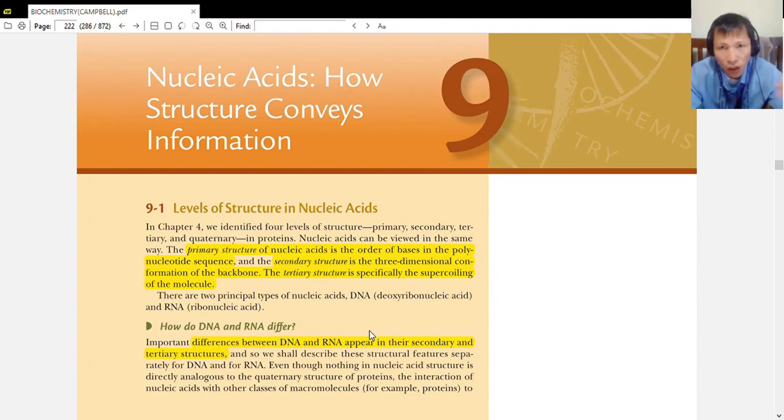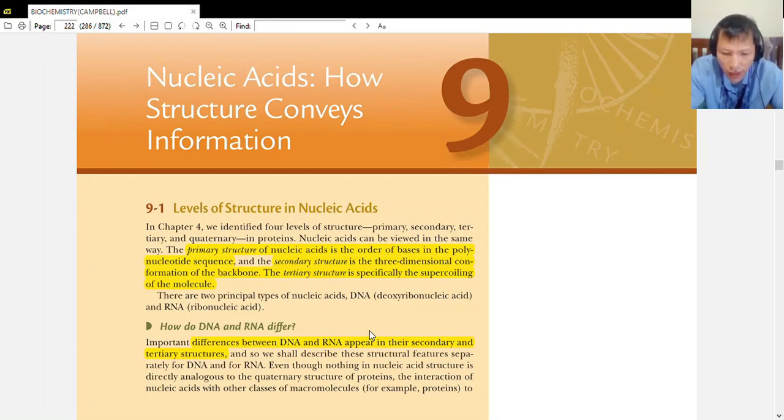If that unit is being repeated, the secondary structure is the three-dimensional conformation of that backbone. We call that the backbone. And the three-dimensional conformation of that, whether it twists in a particular place because of this and that, that rearrangement in a three-dimensional perspective is what we call the secondary structure of that nucleic acid.